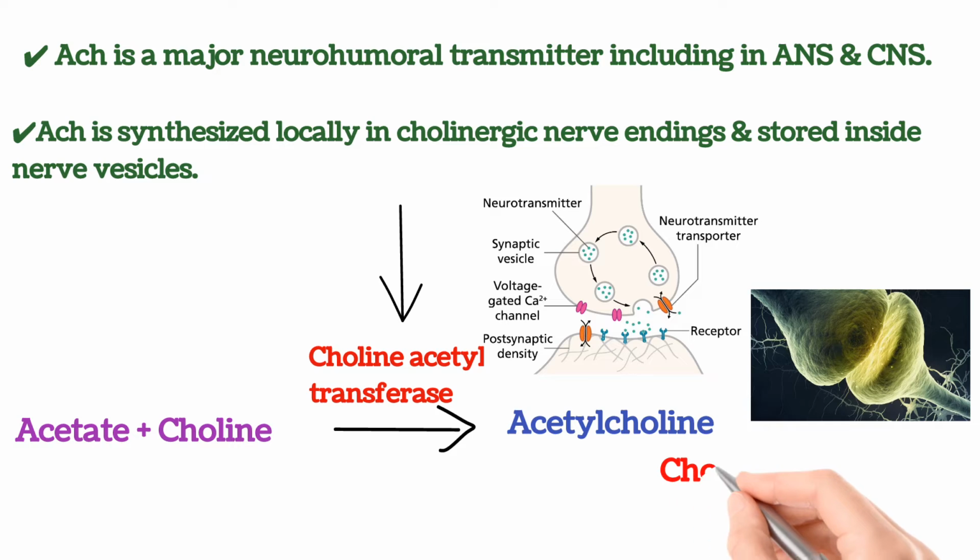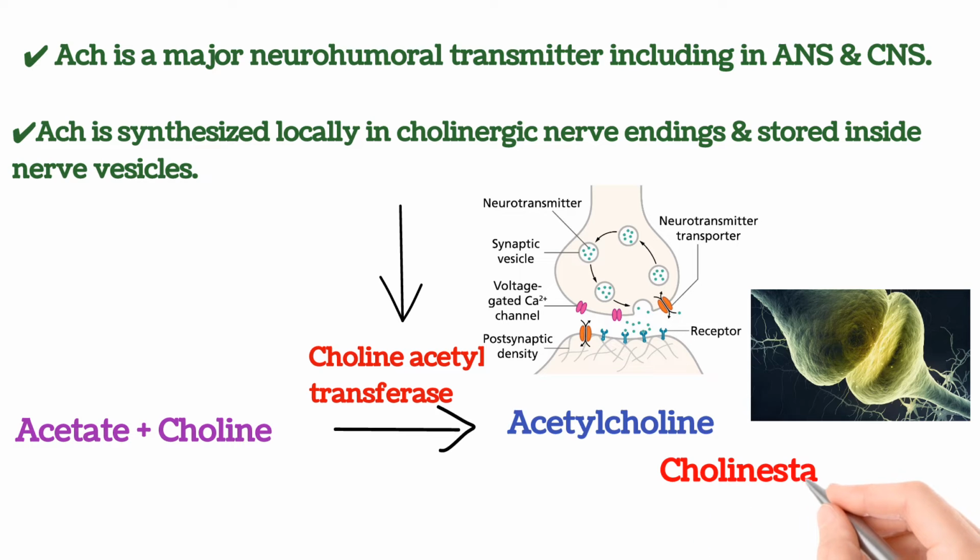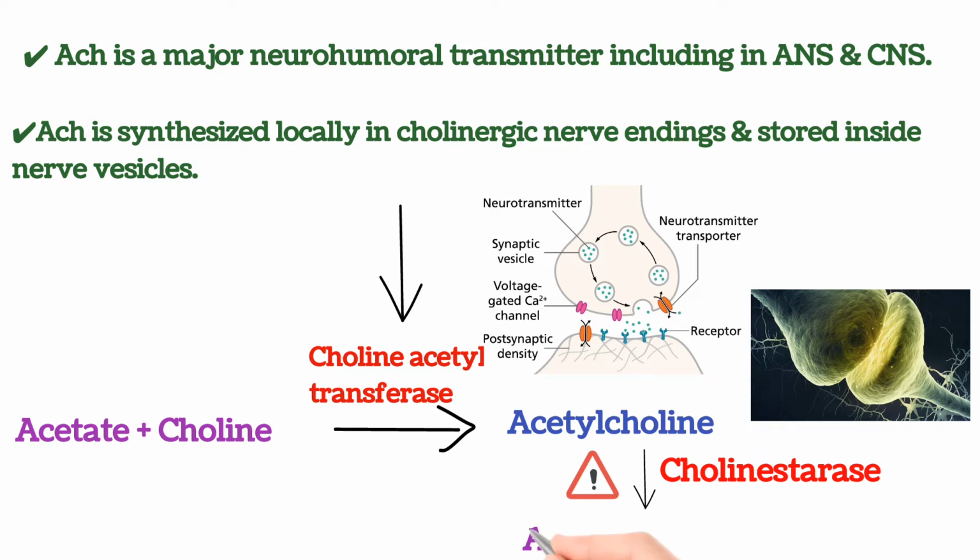Once it performs its action in our body, a second enzyme comes into play, the cholinesterase enzyme, which breaks down acetylcholine again into its precursor form, acetate plus choline. So this is how we understand its synthesis, its storage and how it gets broken down into its simplified form.